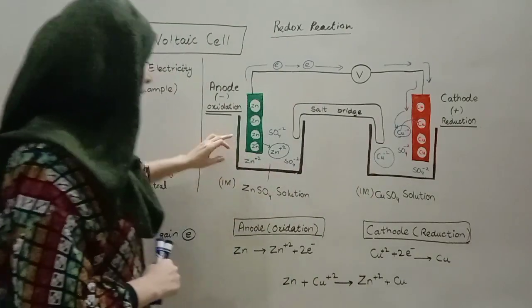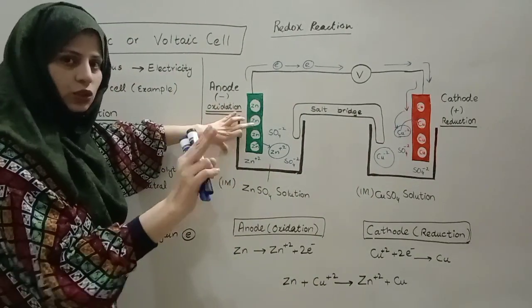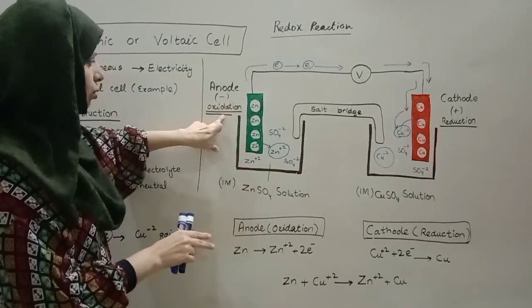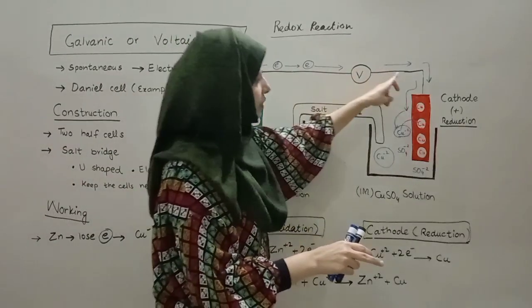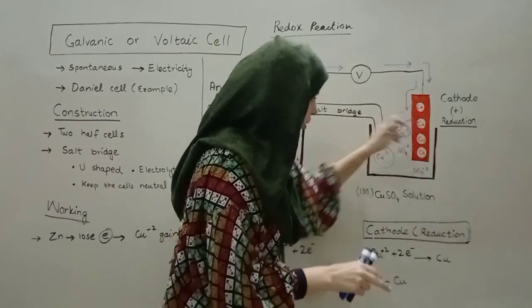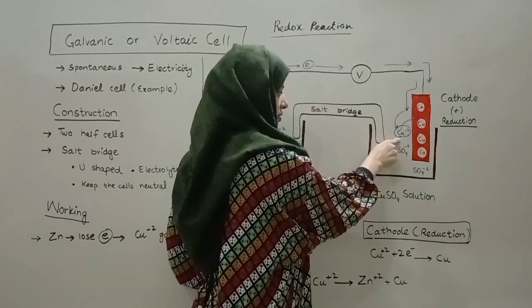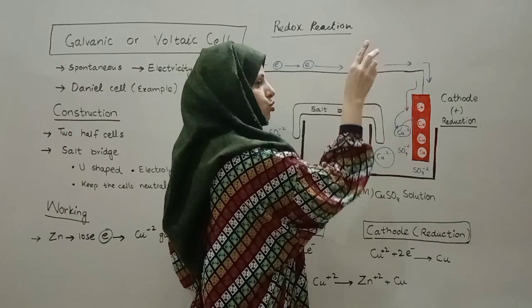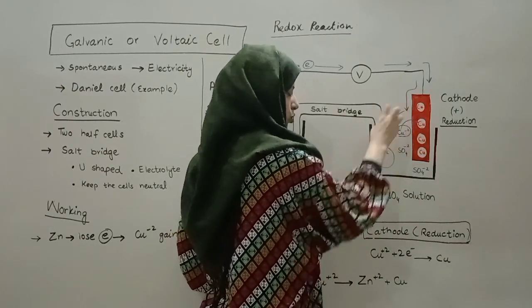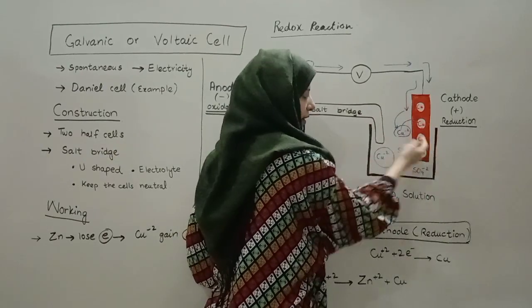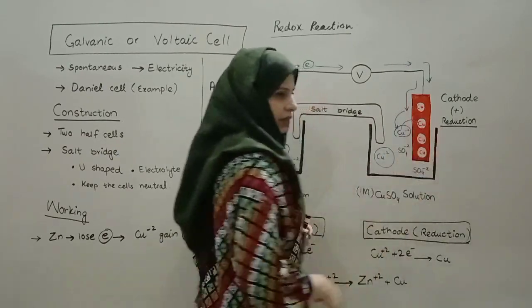Again, zinc loses 2 electrons. Loss of electrons is called oxidation. These 2 electrons move toward the cathode, and at the cathode, the copper ions have a tendency to gain these 2 electrons, and they become copper and are deposited at the metal plate.